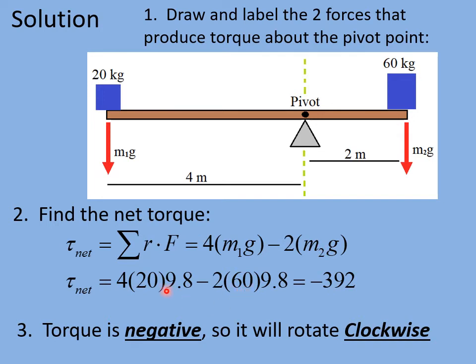When you figure out this term and then subtract this term, this term here is bigger, and so we end up with a negative torque, negative 392 Newton meters. I forgot to put the units in there. That is our net torque. Since the torque is negative, this beam will rotate clockwise. So this mass here is going to fall down, and this light mass over here is going to rise up.